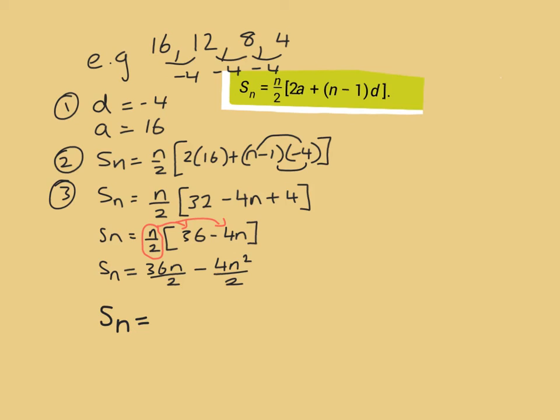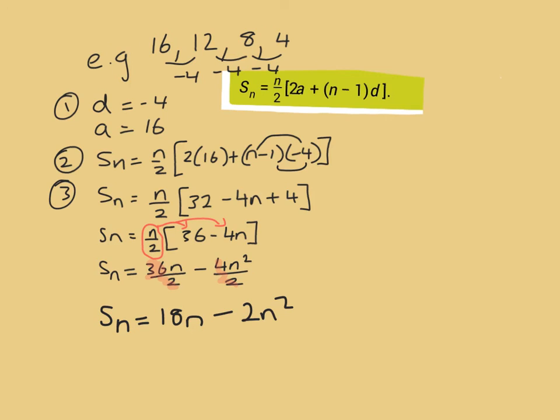Sn equals 36 over 2, so that's going to become 18n. And then this fraction here, 4 over 2, is going to give us 2n squared.